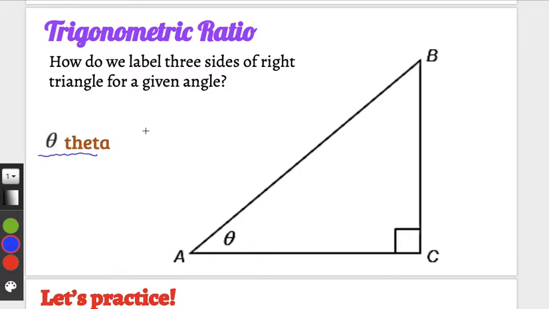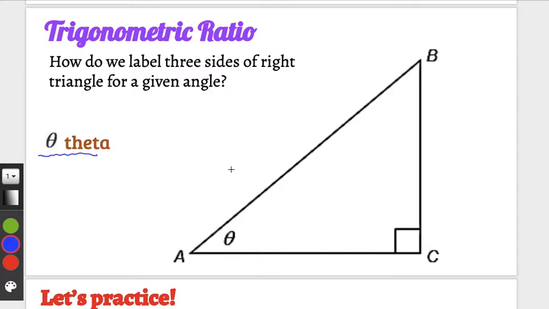Sometimes we use a Greek letter to label the angle. For example, if you put this symbol here, it means the angle measurement here is theta. Instead of using letters, we can also use theta or different Greek letters to label the angle. That's something you will see in this unit.